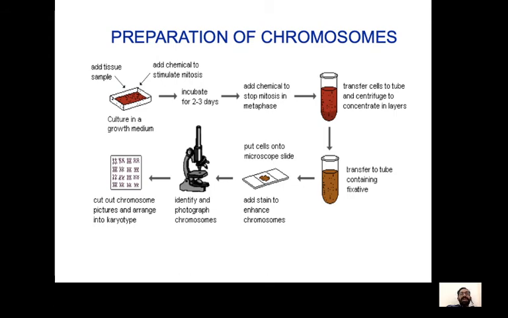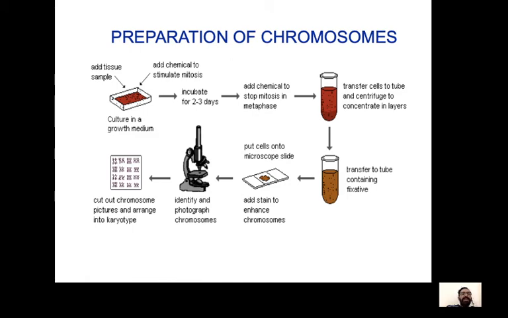This slide presents the preparation of the chromosomes. If you start from the left side, a petri dish or culture flask is shown in which the cell is being cultured. We add the tissue sample or the cells in a growth medium.